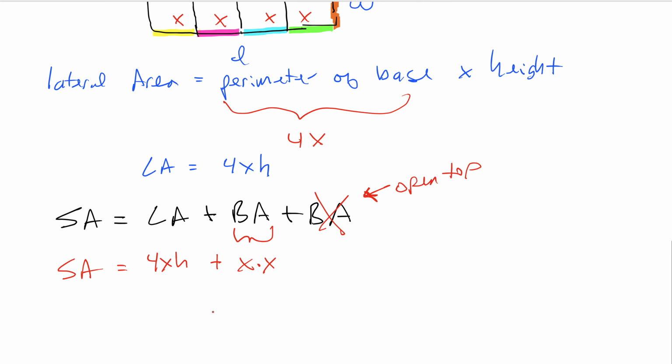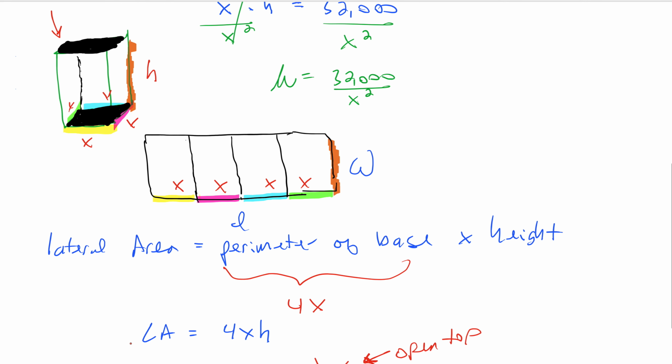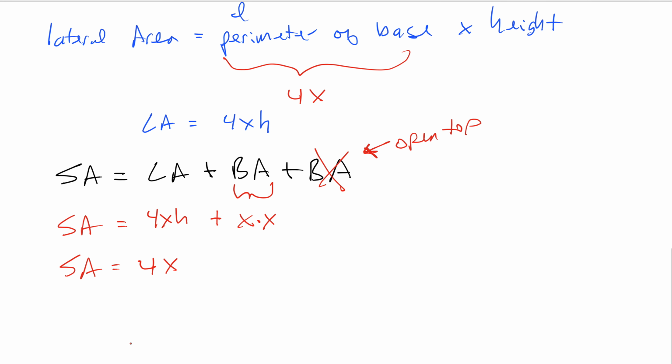Then, that's the same thing as surface area equals 4x, and we know what h is in terms of x: 32,000 over x squared, plus x squared, because that's what x times x is, right?